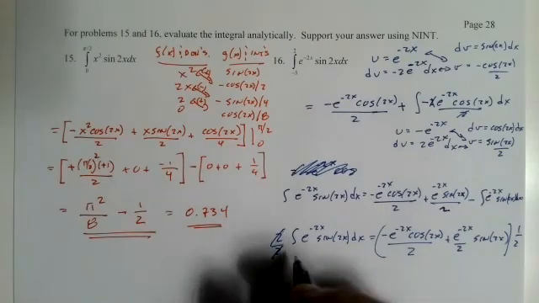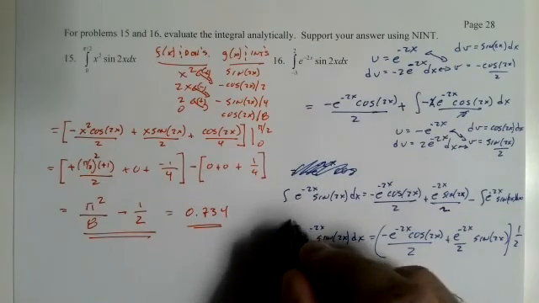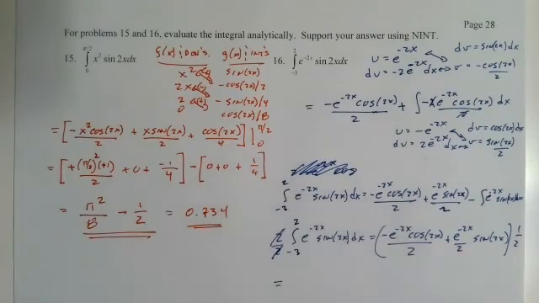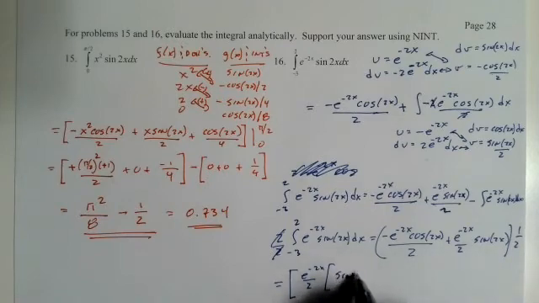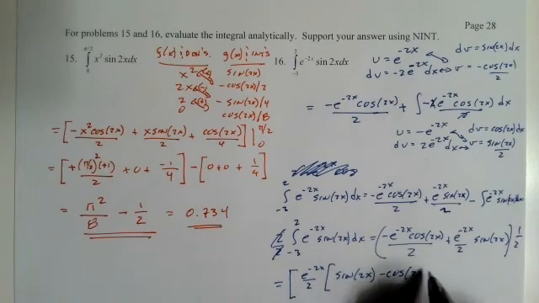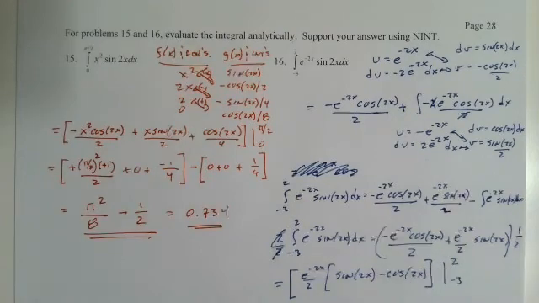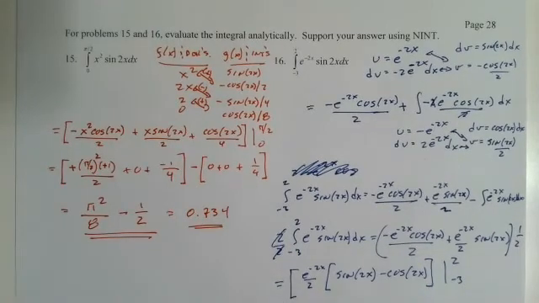And now I can put in my limits. So let's go ahead with negative 3 to 2. Here we go. e to the negative 2x over 2 times sine of 2x minus cosine of 2x, from negative 3 to 2. I can leave this out. No, I can't.